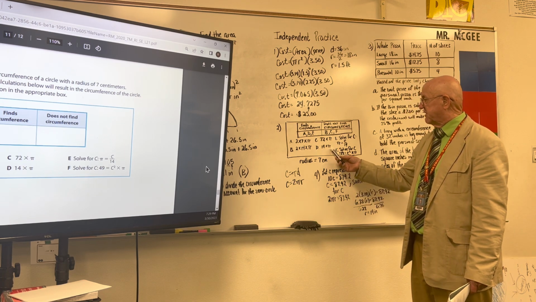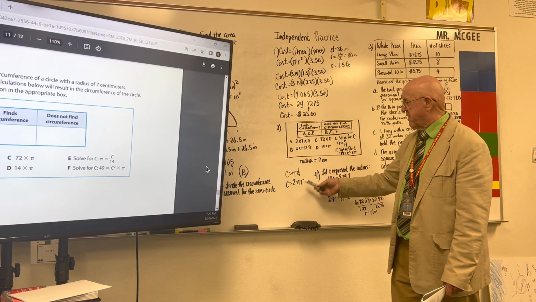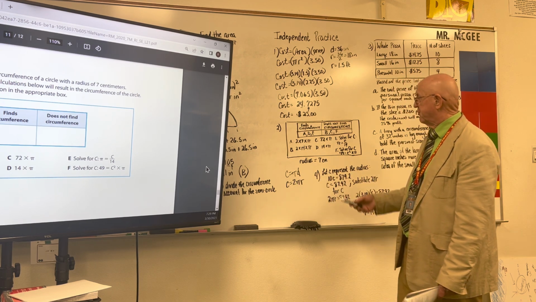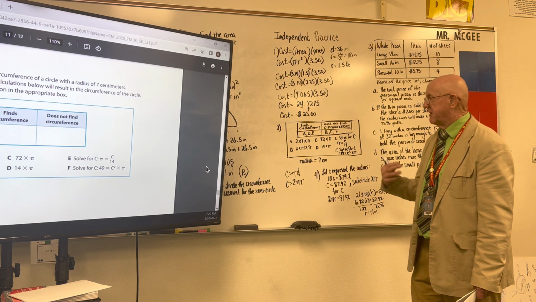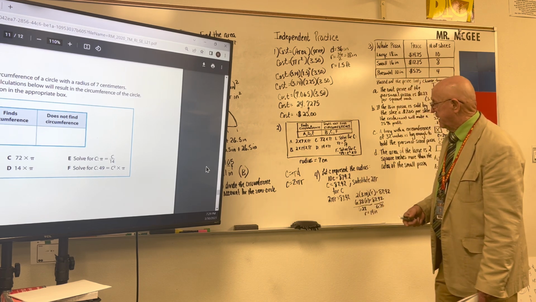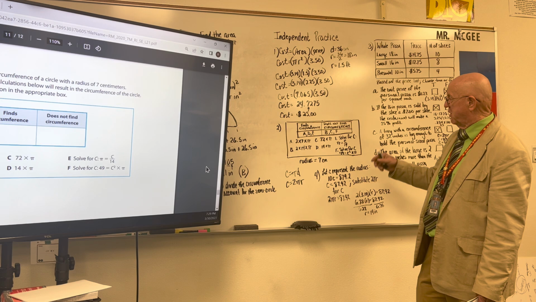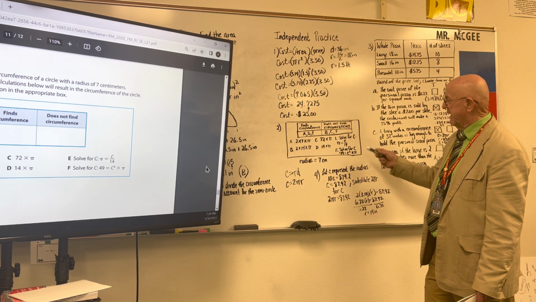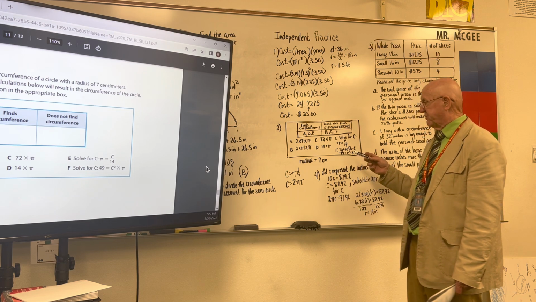D says 14 times pi. Well, 14 is your diameter, and multiplied by pi gives you circumference. So D will be over here in the find circumference block. Right? Well, the next two are a little bit more difficult because we have to solve for C if pi is equal to C divided by 14.